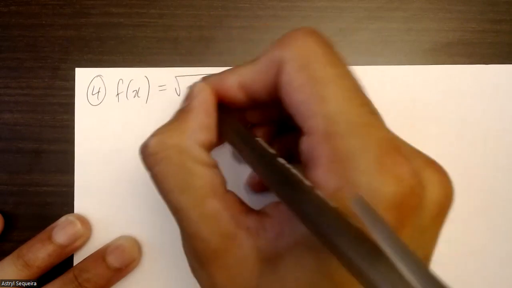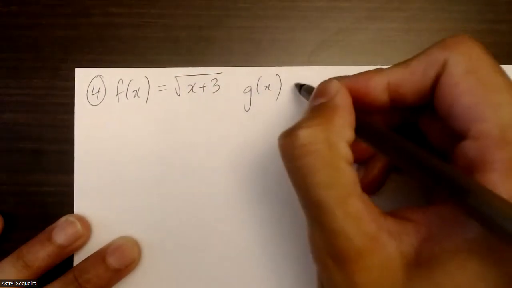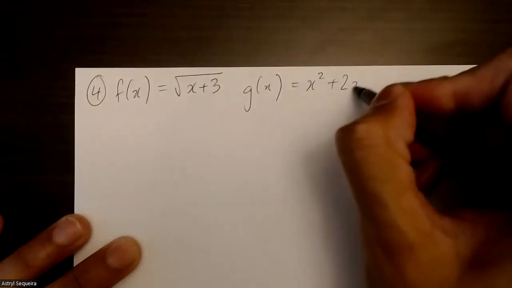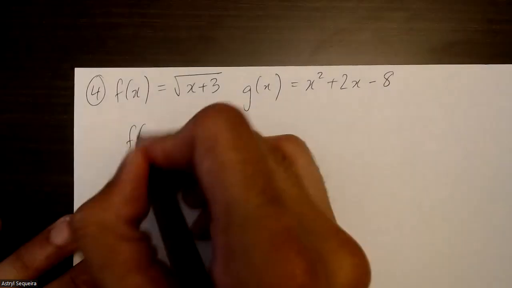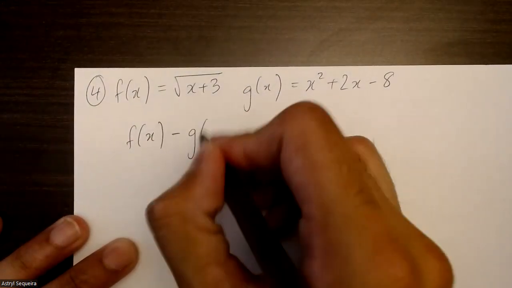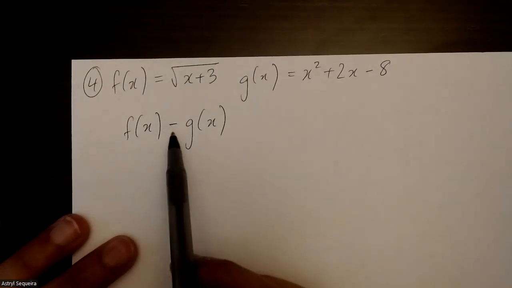Fourth question is f of x equals root of x plus 3 and g of x equals x squared plus 2x minus 8. And we need to find the domain of f of x minus g of x. This time, again, whether it's plus or minus, it doesn't matter.